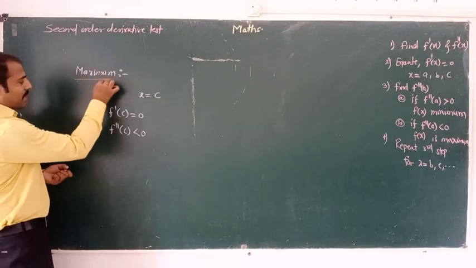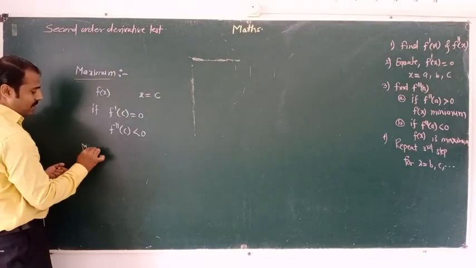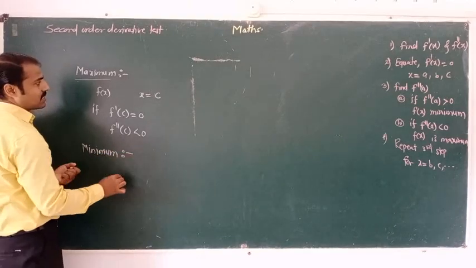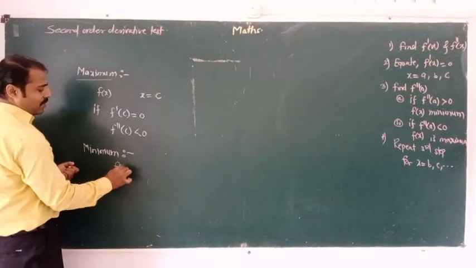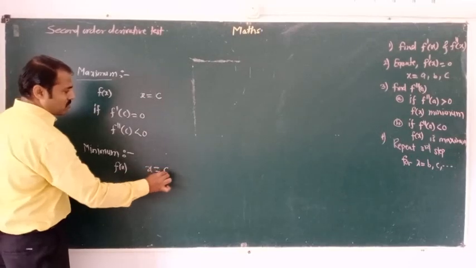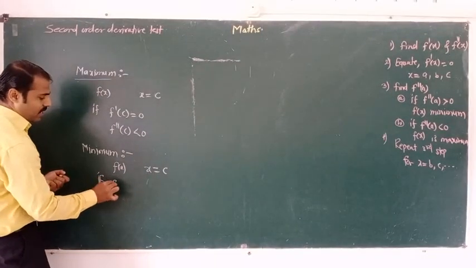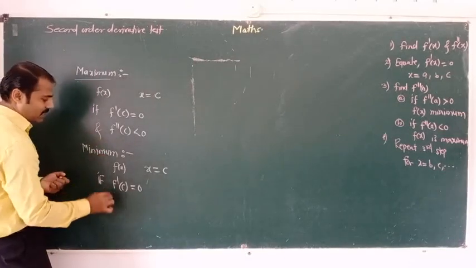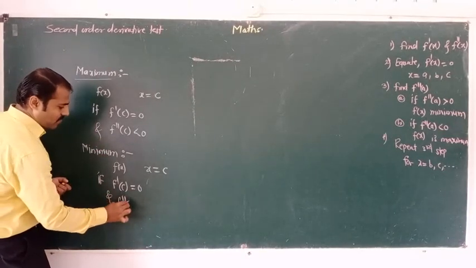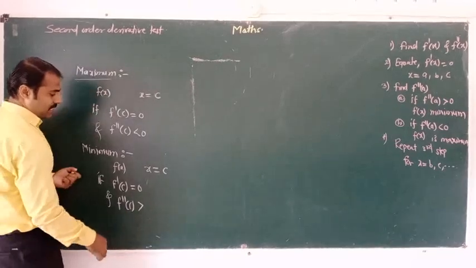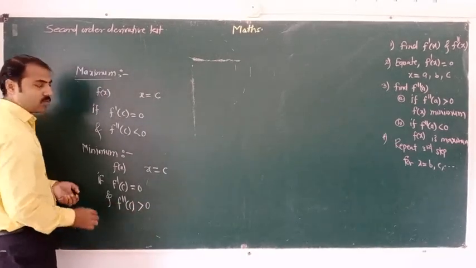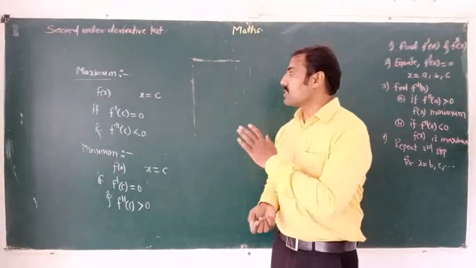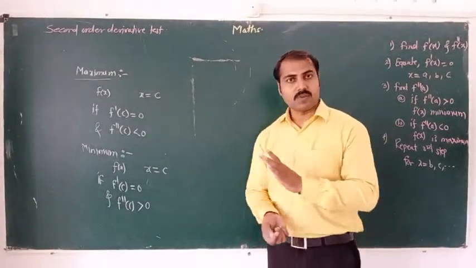That is for maxima. And for minima, a function f of x is said to be minimum at x equal to c if f dash of c is equal to 0 and f double dash of c is greater than 0. If these conditions are satisfied, then the function is maximum or minimum.